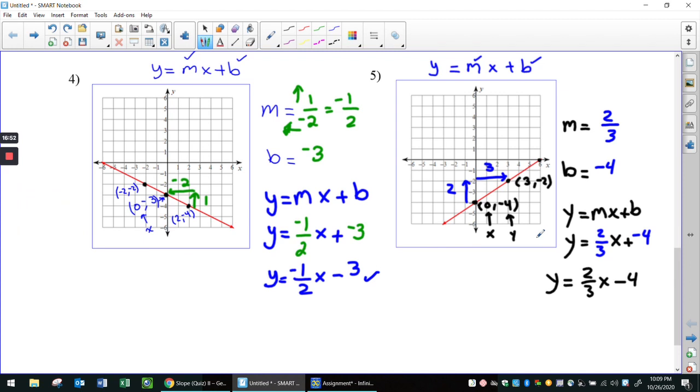Okay, so once again, we need to identify our slope and the y-intercept, and we do that by looking at where the line crosses the y-axis, and that is at negative 4, so that is the y-intercept here. And the slope is from this point on the y-axis, and I'm going to go up 2 and to the right 3, which is the other point that I have here in my graph, and that gives me 2/3.